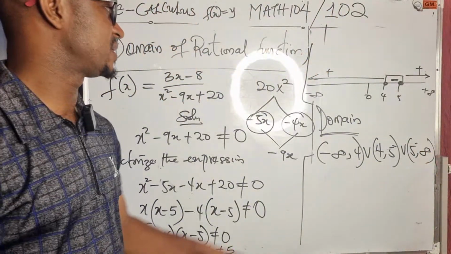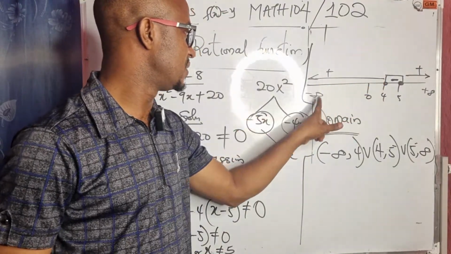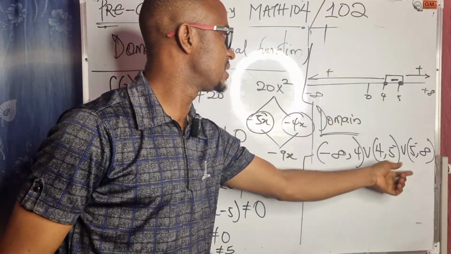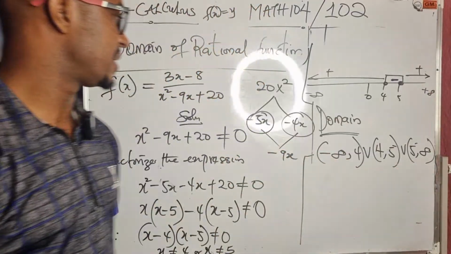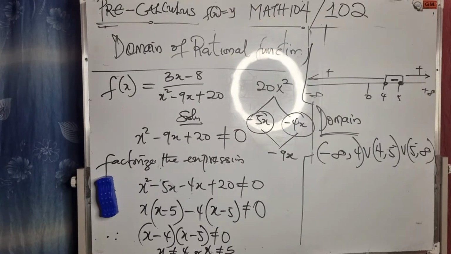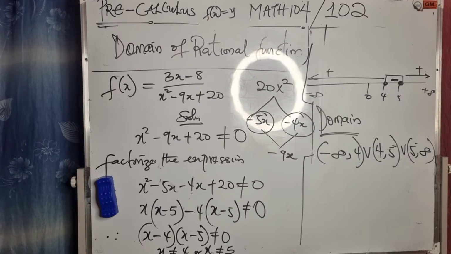Yes, minus infinity to this 4 here, from here to here, right? So that means from this to this, we are excluding this, which is this, right? Then from that same 5 to what? Positive infinity. This represents our domain, all right?